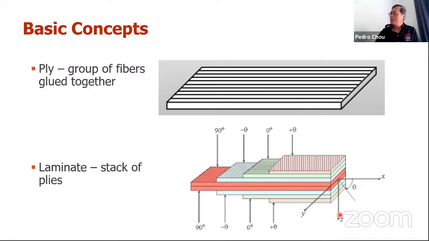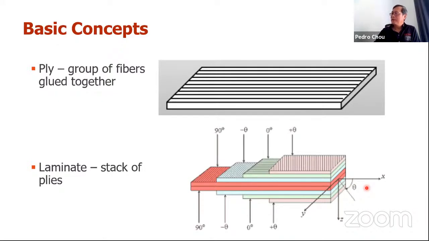So as you build the stack, you are going to say layer 1 is going to be what material, what thickness, and you define the theta, which is going to be the orientation of your ply.